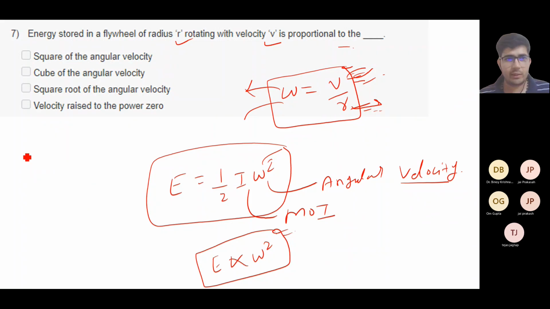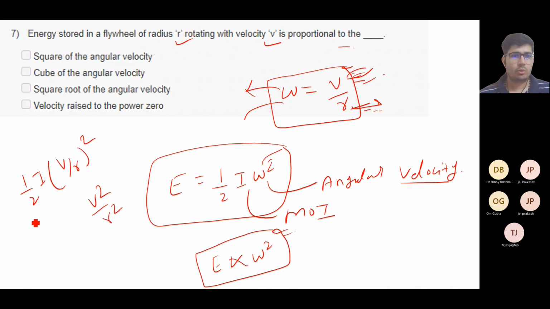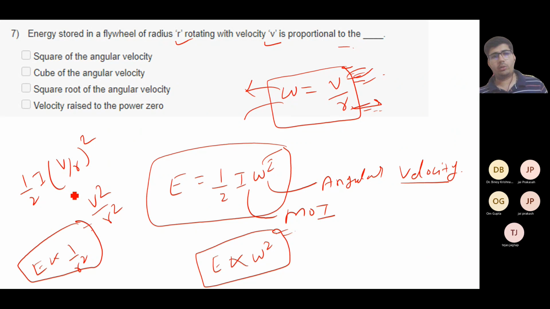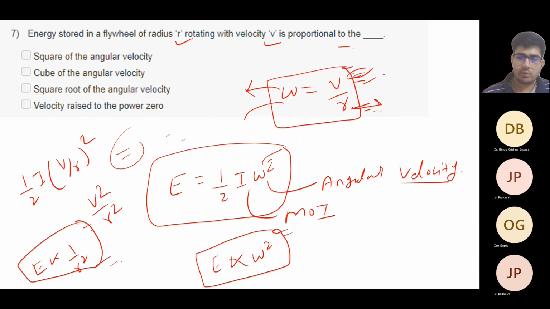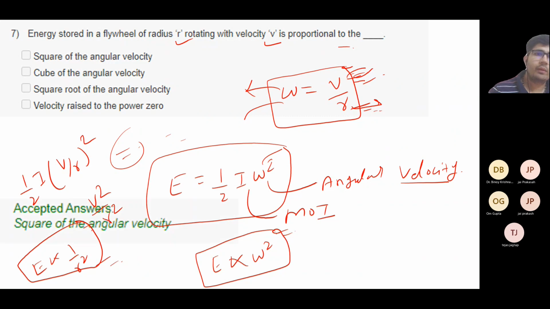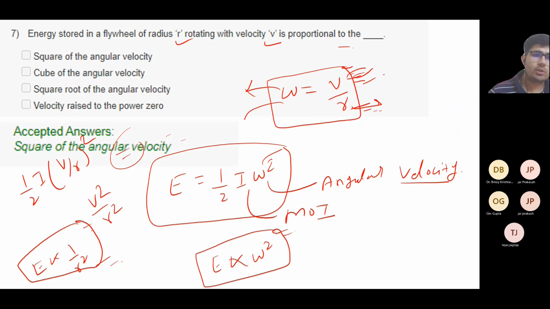You can put it like this: half I (v by r) square. So it's v square by r square. So E is proportional to 1 by r square. So it's reciprocal to the square of the radius. So it can also be a question. So try to remember all the formulas. The correct answer is square of the angular velocity.